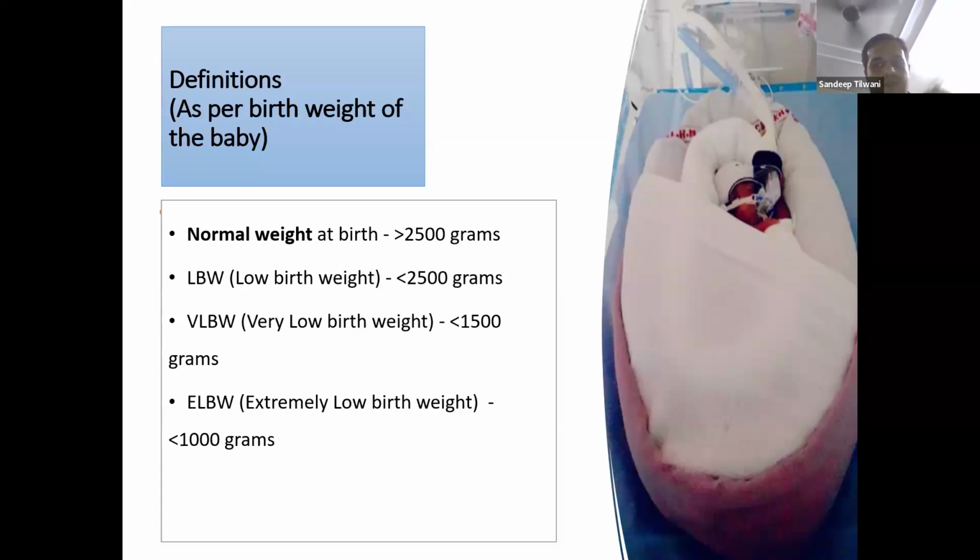This classification is very important because in our day-to-day practice, while writing the diagnosis of the patients, or when you are dealing with the patients, you have to know which category the baby falls into. So it may be a low birth weight when the birth weight is between 1.5 to 2.5. When the birth weight is less than 1.5, we call it VLBW, and when it is less than 1,000 grams, it is called ELBW, or extremely low birth weight.